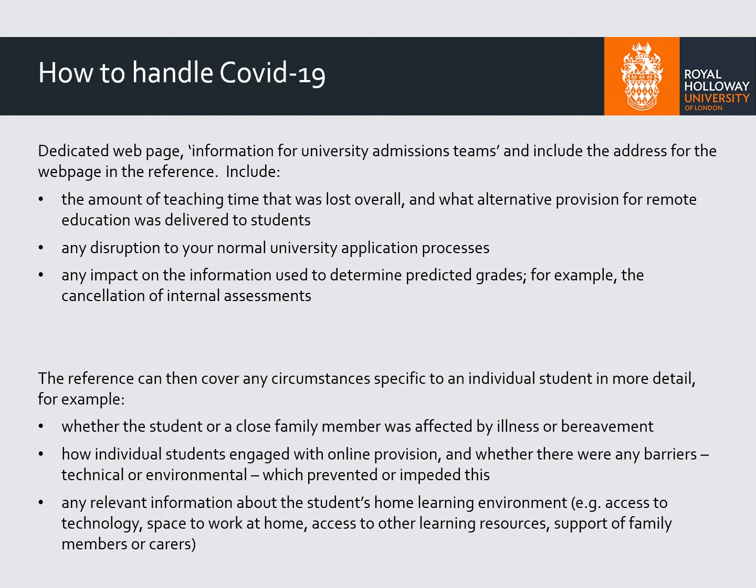That way, the page can be updated as things change, and you can just put a note of the actual website address into the reference. Then in the reference itself, you can include details of how that particular student was affected, whether there was illness or bereavement in their family, how they coped with the online provision, and any extenuating circumstances that you feel need to be covered.